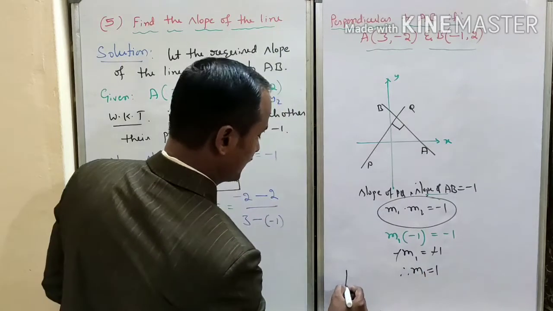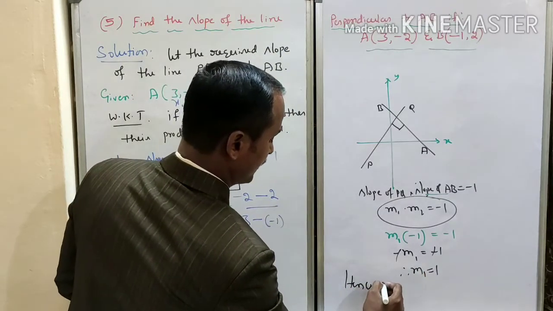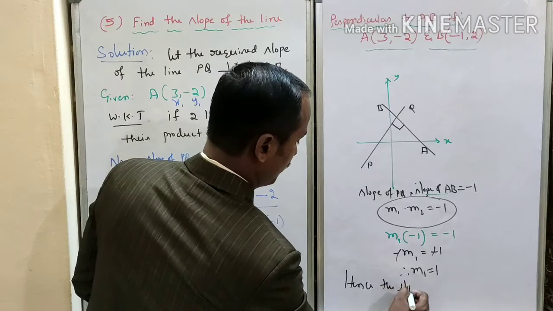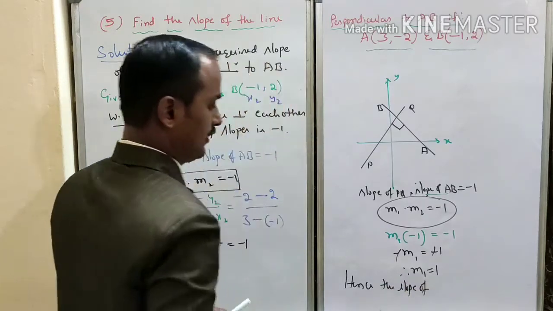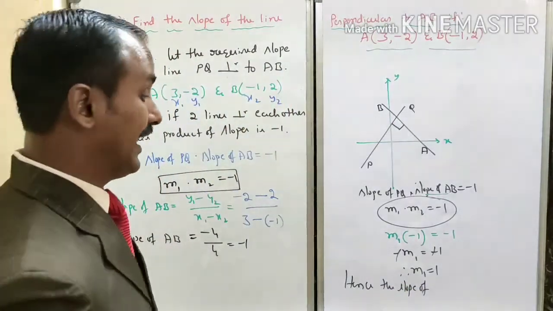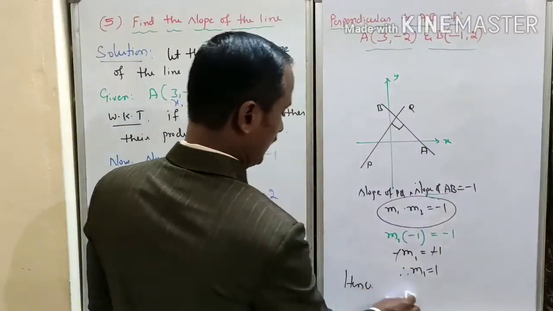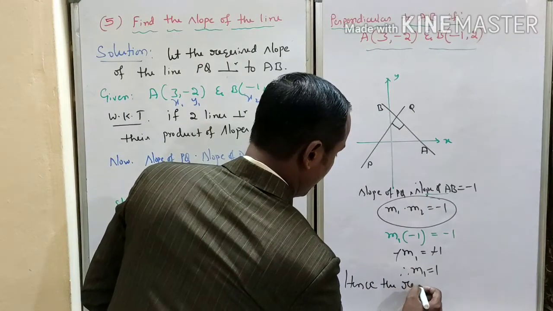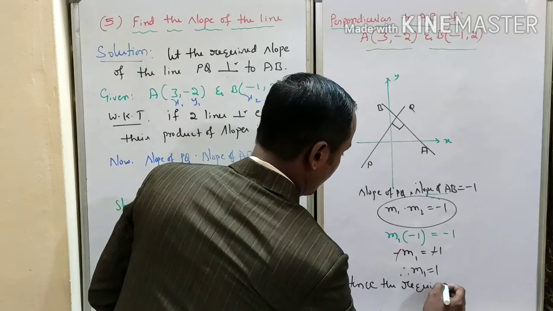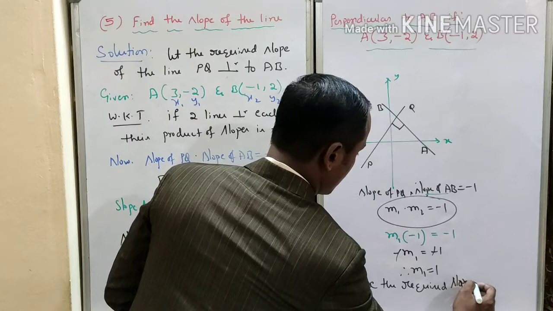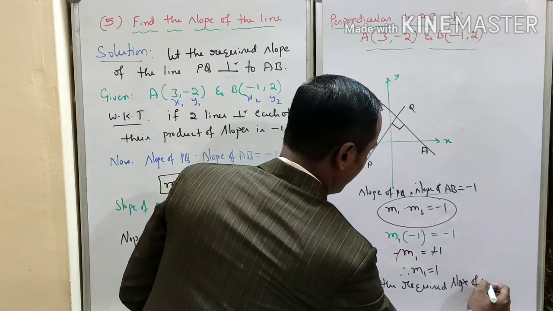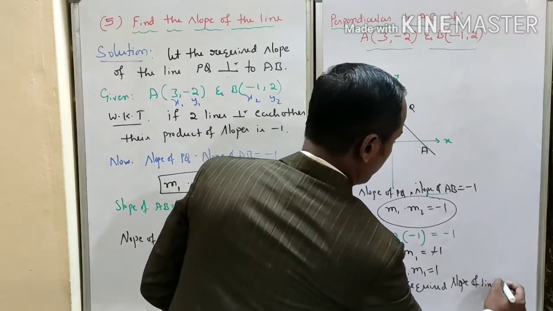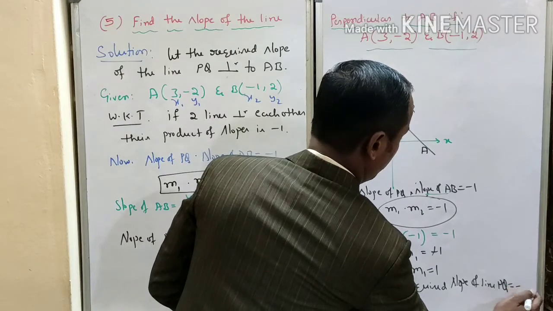Hence the required slope of line PQ is equal to plus 1.